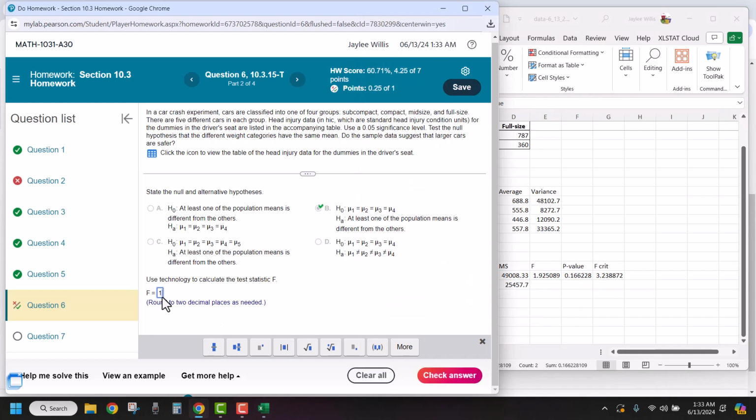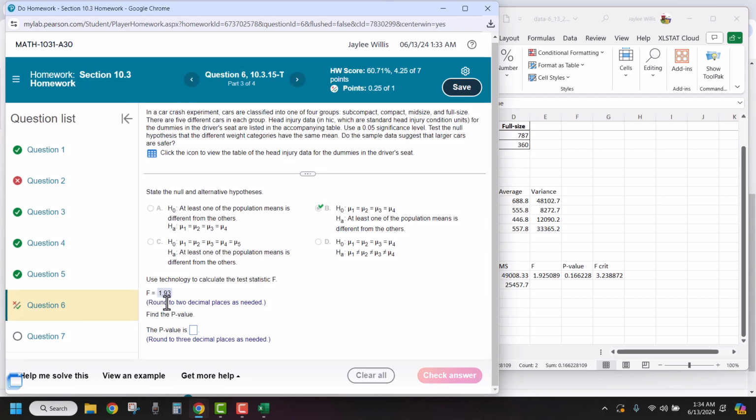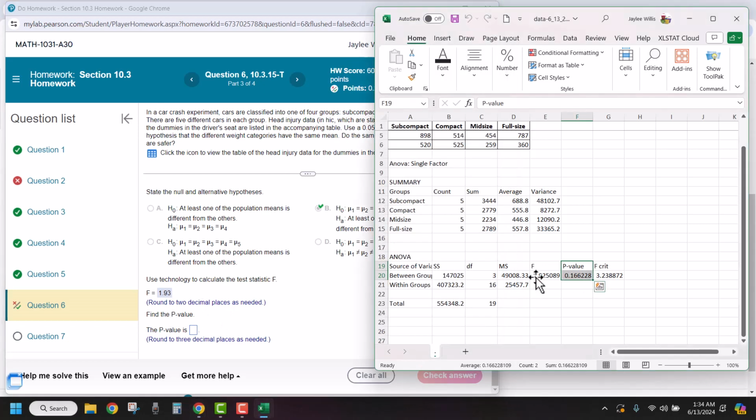So our F statistic in this case is 1.925. And this is like a test statistic that's specific to the ANOVA test, just like the chi-squared test statistic was specific to the two-way tables. So you don't have to know exactly where this comes from because Excel will do all the calculating for you because the calculation is actually pretty complicated.